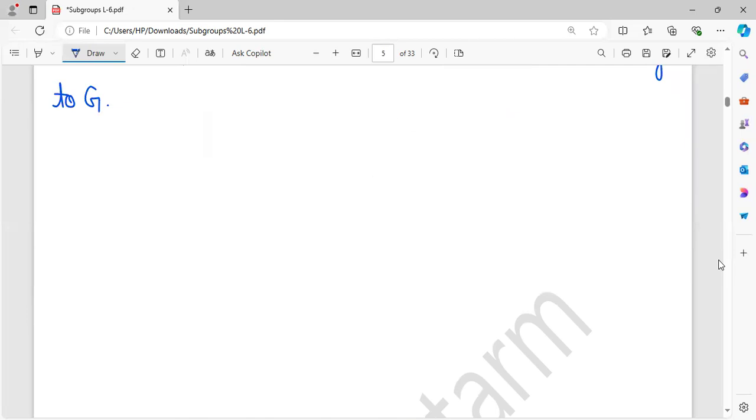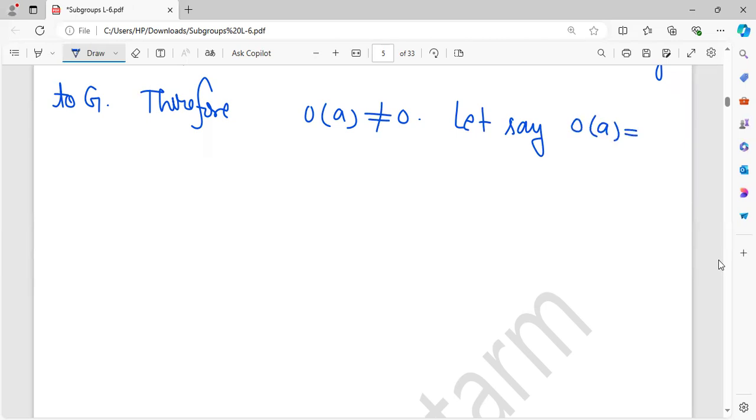Therefore, the order of a is not 0. Let's say the order of a is equal to m.